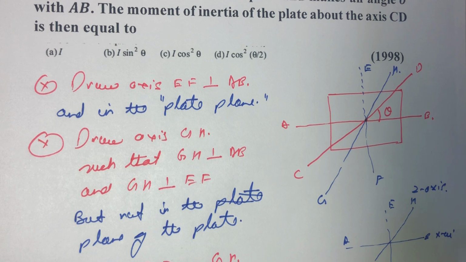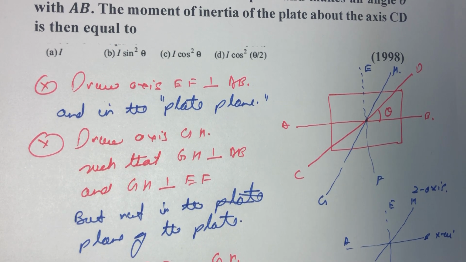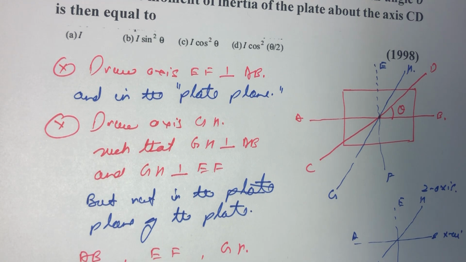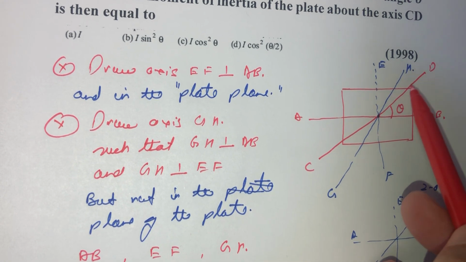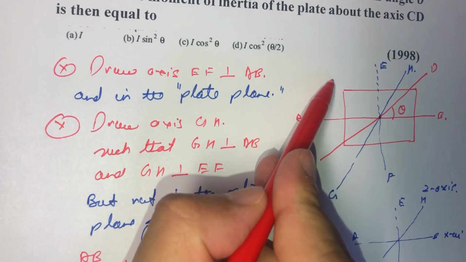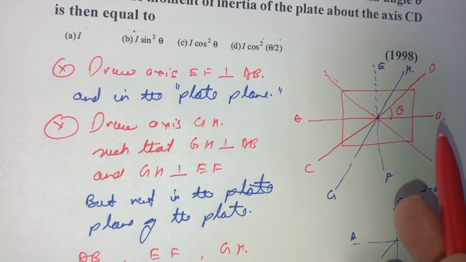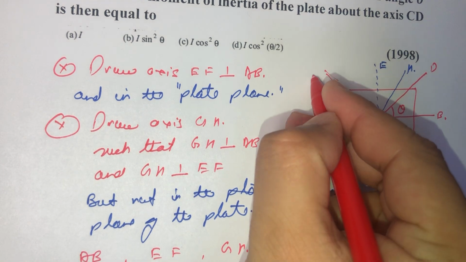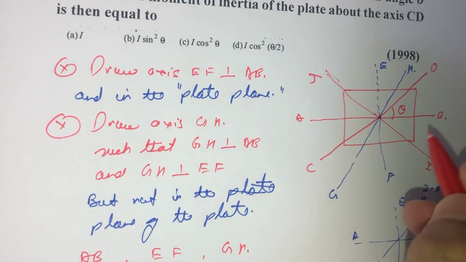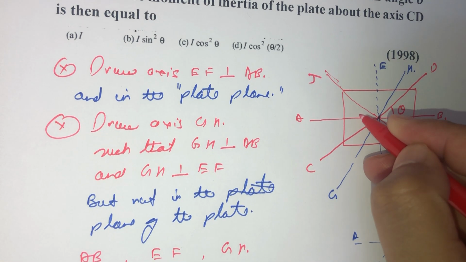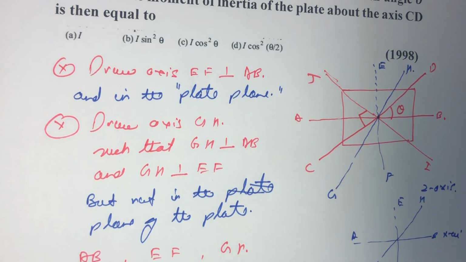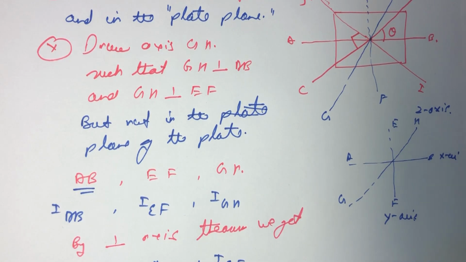Now, once again, we are going to construct another axis or line which is perpendicular to CD. Let us call this JI, and JI is perpendicular to CD.